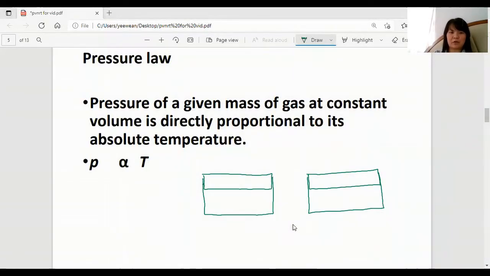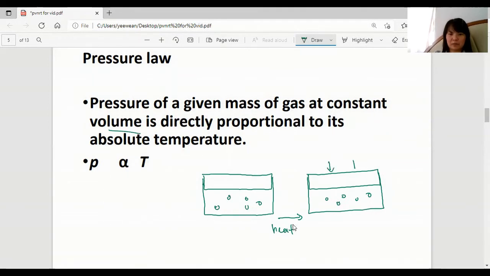Next, pressure law. For an ideal gas, pressure is directly proportional to its absolute temperature. Again, we need to convert that to Kelvin to make this work. And the volume needs to be constant. So again, this gas container, I'm going to heat this. If I heat it, by right the volume would increase, but we're going to keep the volume constant.